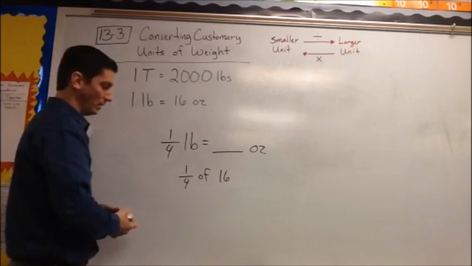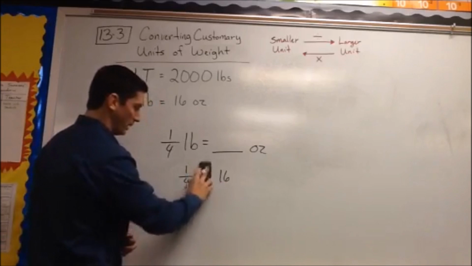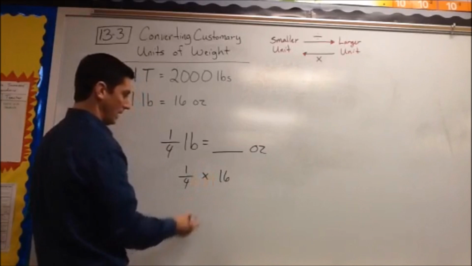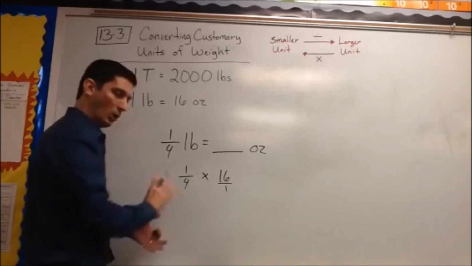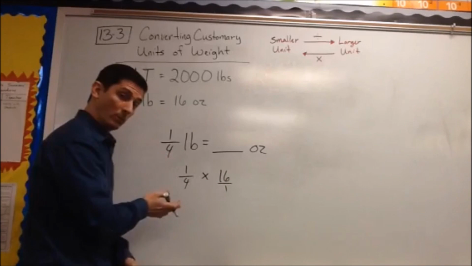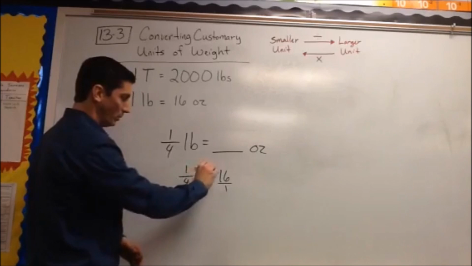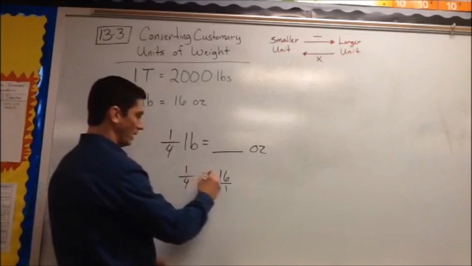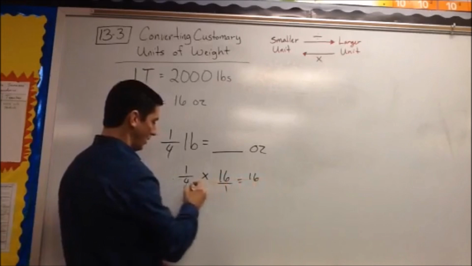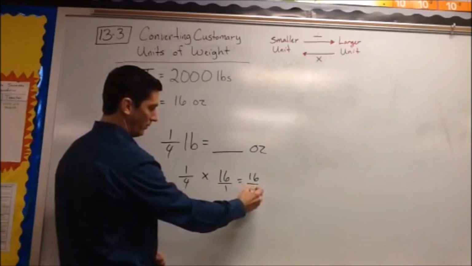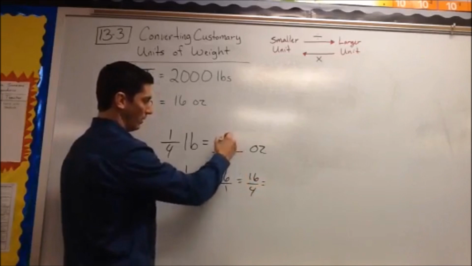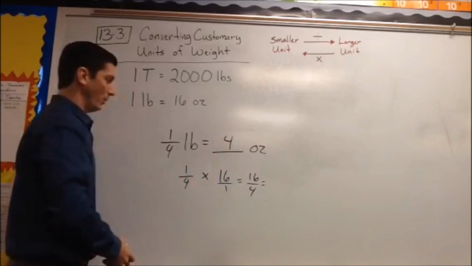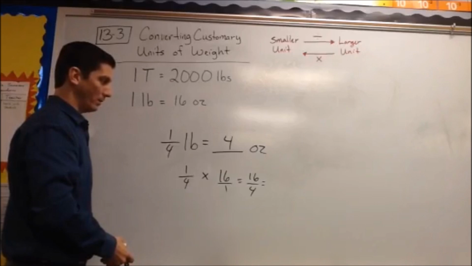Remember this is multiplication. Always put your whole numbers over 1. No need to do any flipping because it's only multiplication. And then you multiply straight across. 1 times 16 is 16. 4 times 1 is 4. 16 divided by 4 is 4. So 1/4 of a pound is 4 ounces.